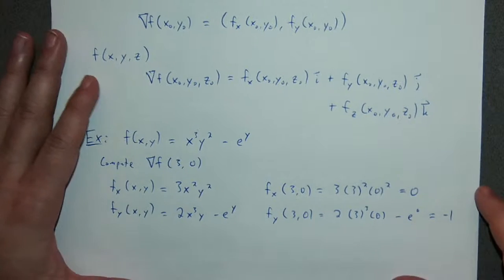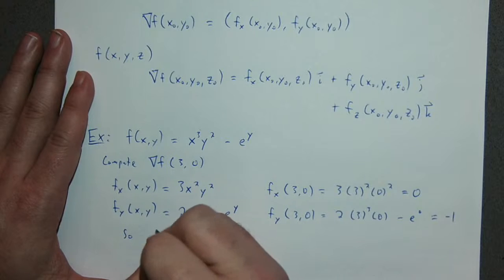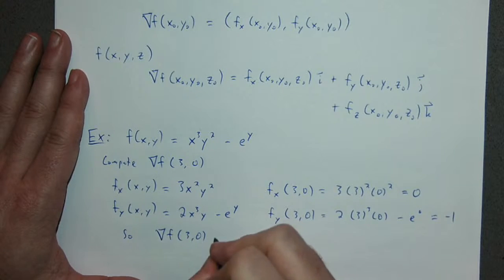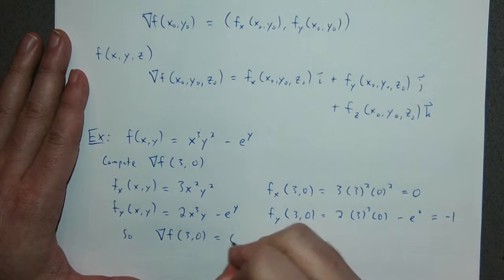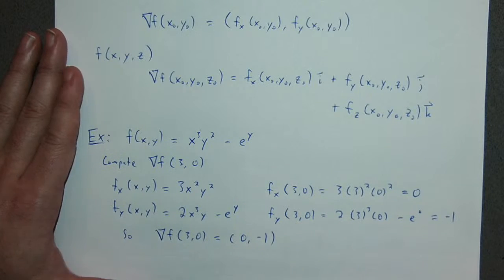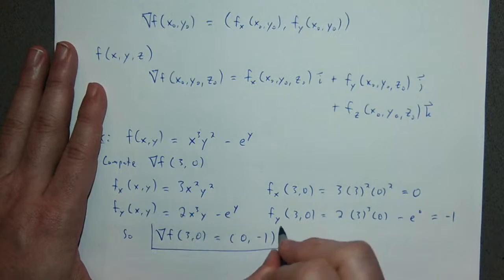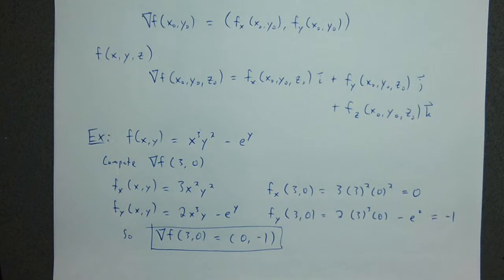So the gradient of f at 3, 0 is the vector 0, minus 1, or if you like, 0i minus 1j. All right, so that's the gradient vector.